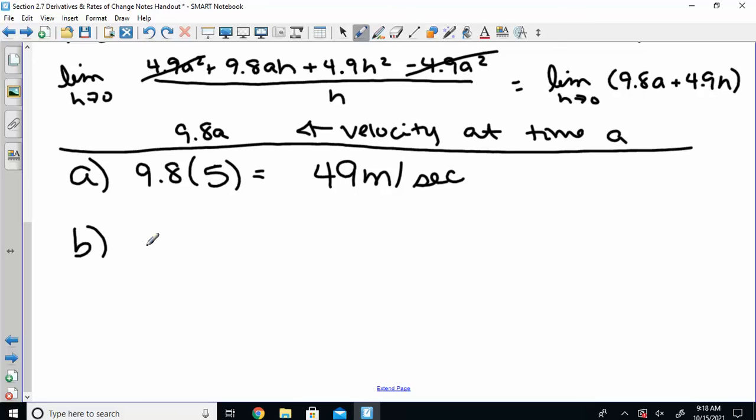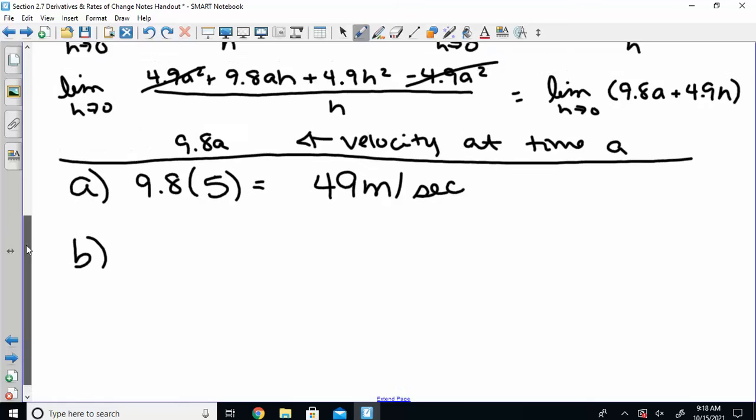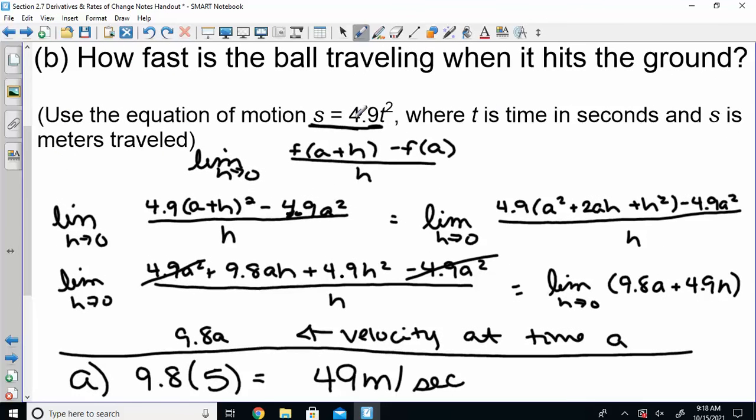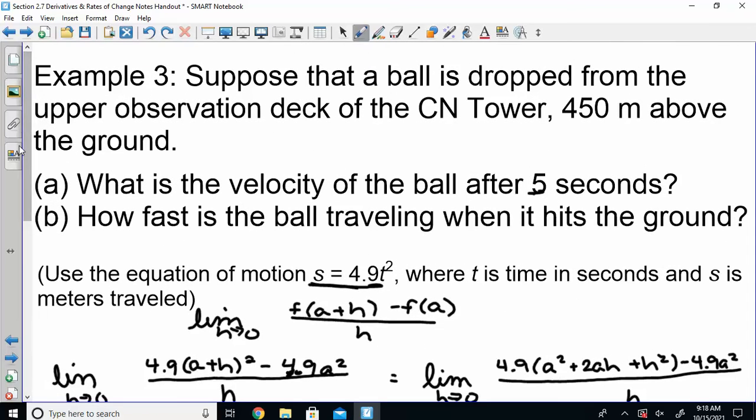Part B, I want my velocity when it hits the ground. So first, I need to figure out when it hits the ground, don't we? The formula I gave you, S was the distance it has traveled. We started 450 meters above the ground. So how far does it need to travel to hit the ground?